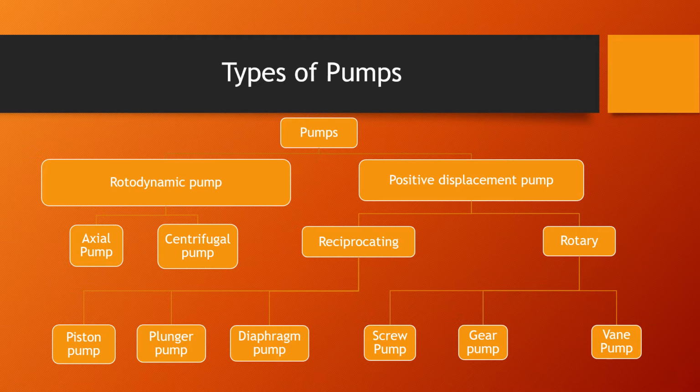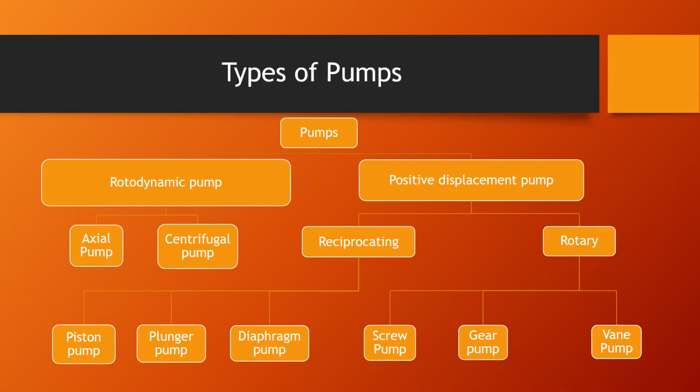With the rotary pumps, you would have a screw pump, gear pump, vane pump. You can actually see that these screws, gears, vanes all have rotary motions. So you're going to be displacing that fluid using some kind of rotary motion. Now, keep in mind that positive displacement pumps are very high head pumps. They can produce really high head.